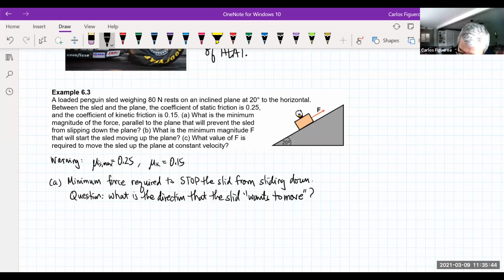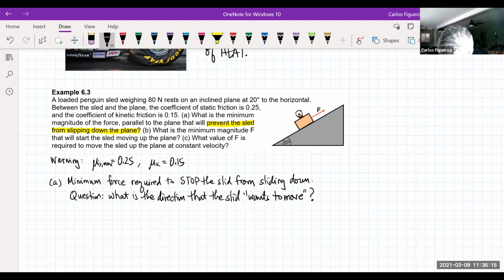And that becomes really important. So is the sled trying to move down, or is it trying to move up? And it's in the phrasing here. The phrasing here, we want to prevent the sled from slipping down. And so what this does here is it answers this question.